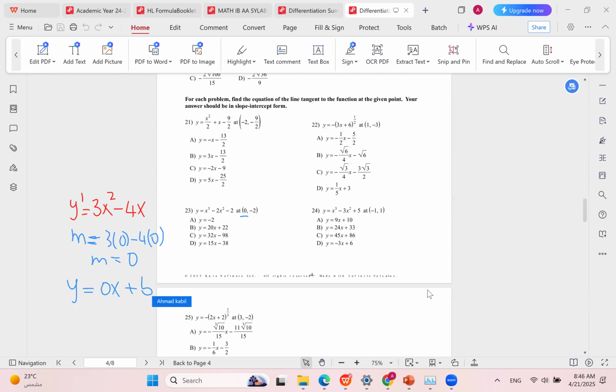Now x is 0 and y is -2, so you can put -2 here, and 0 here. So -2 equals 0 times 0, which is 0, plus b, so b is -2. So y equals 0x minus 2, which means that y equals -2. Therefore, the correct answer here is, again, choice A, y equals -2.